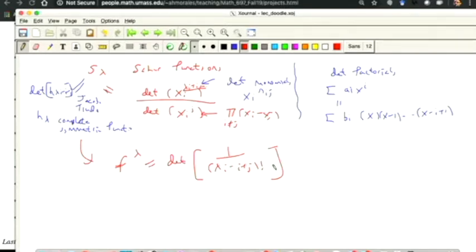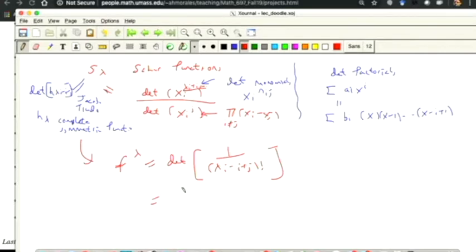But anyway, what are immanants, which is the other keyword in this title? Recall that we can write a determinant as an alternating sum over permutations.